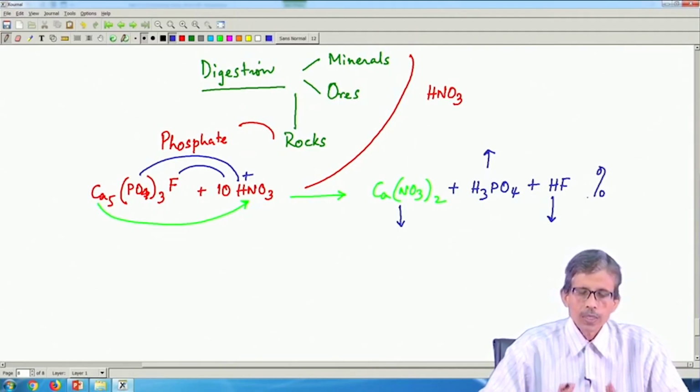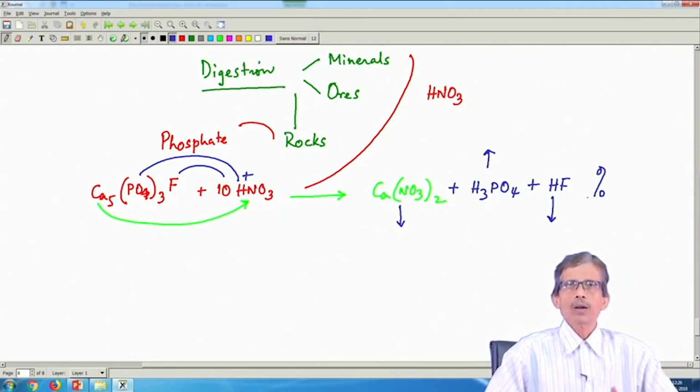So, we see that there are many applications of nitric acid from a very simple reaction, your typical attack of a mineral or ore by that particular acid.